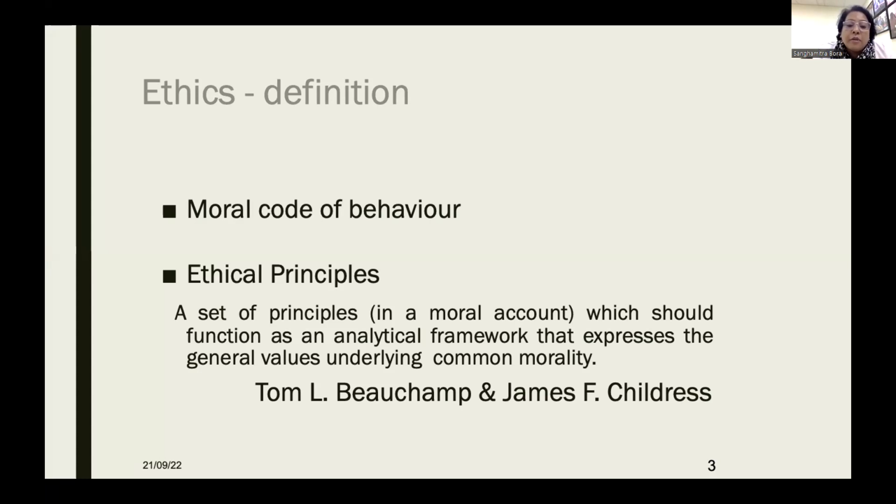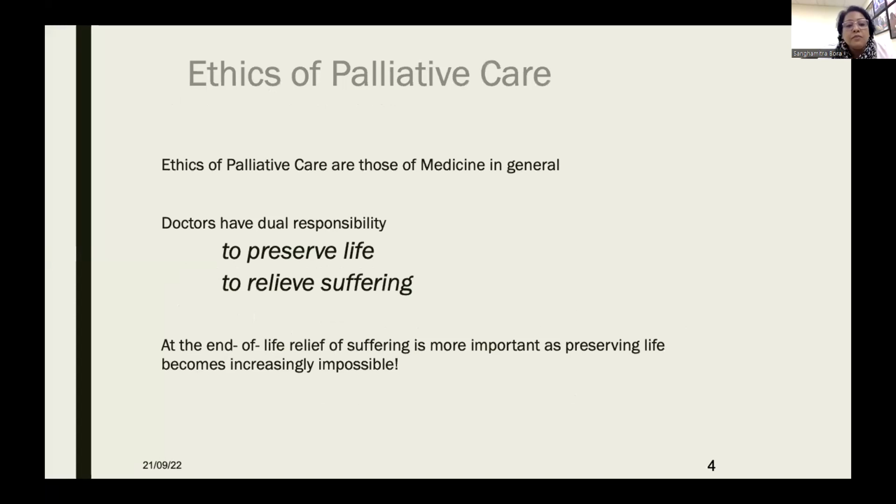So ethics are by far the protective mechanisms taken by a professional, and from the point of view of palliative care, we have to justify our actions, our treatment plans and all other interventions that we do for a patient.